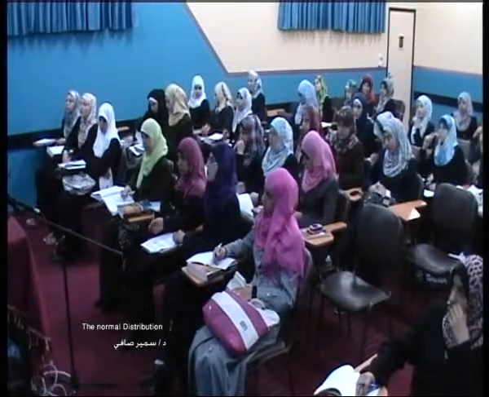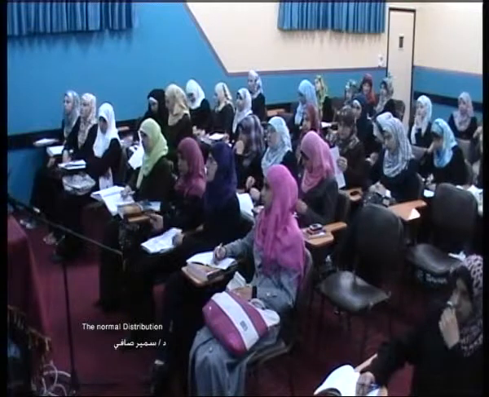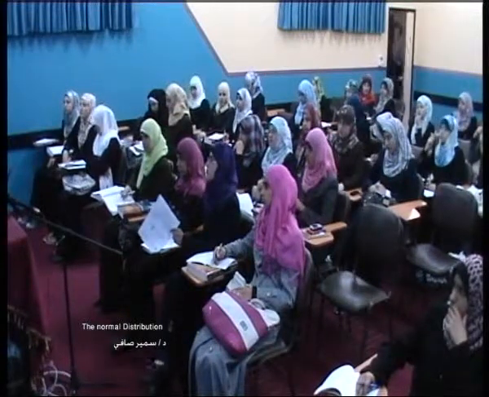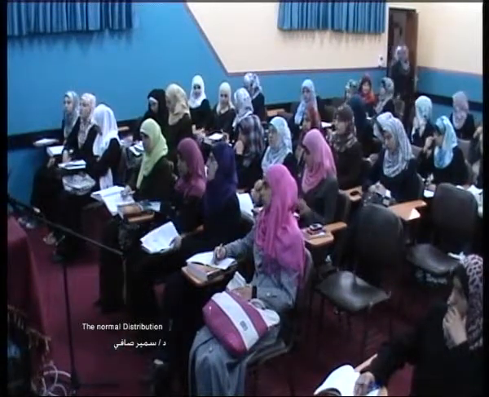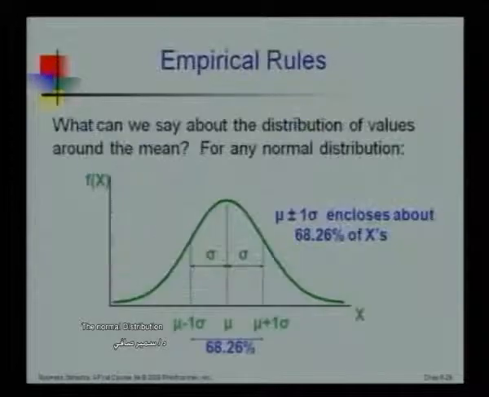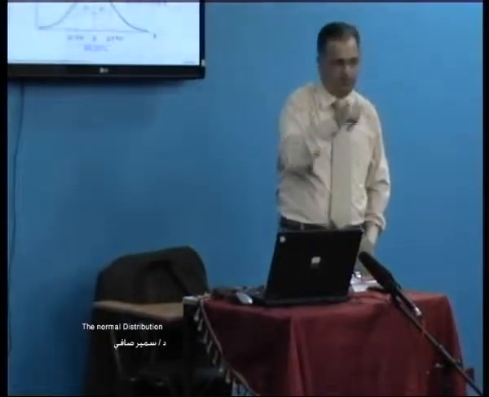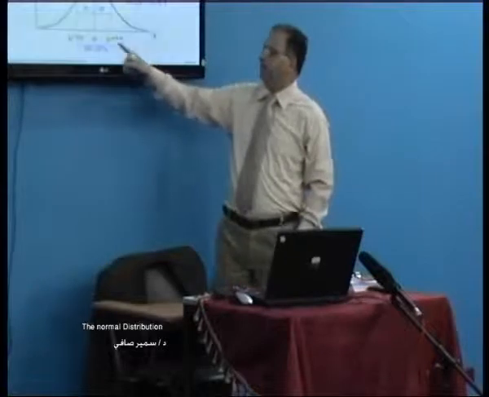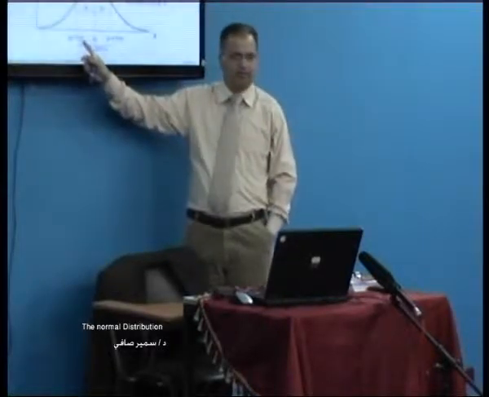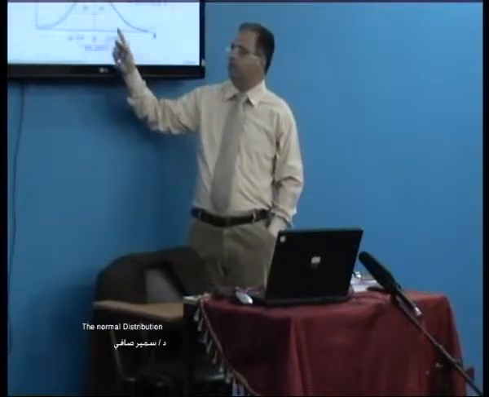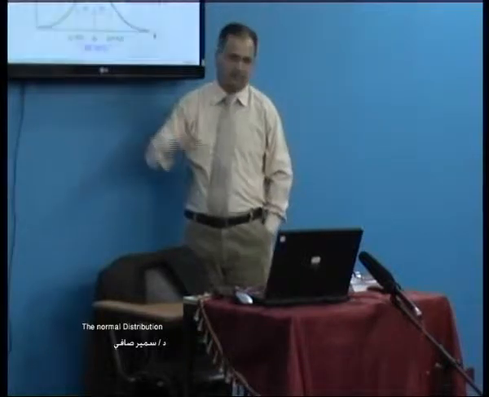And also we talked about the empirical rules, the ones we mentioned in chapter 3. As we mentioned before, 68.26% of the observations fall within one standard deviation of the mean. So this area from mu minus 1 sigma up to mu plus 1 sigma covers around 68%.